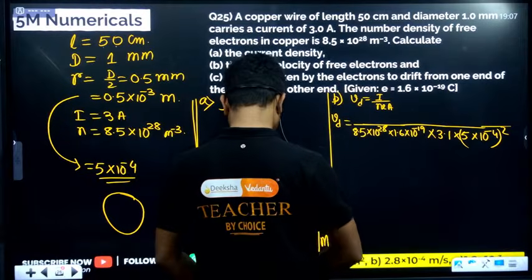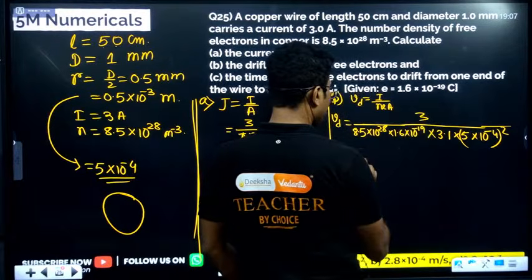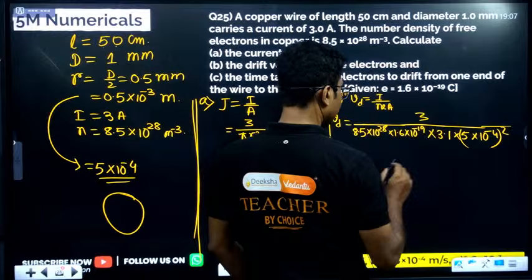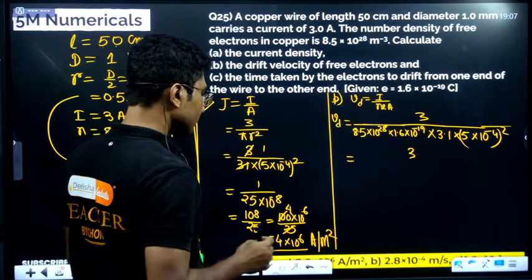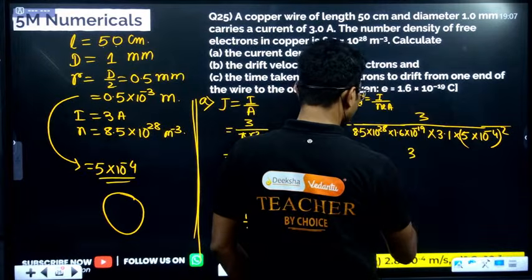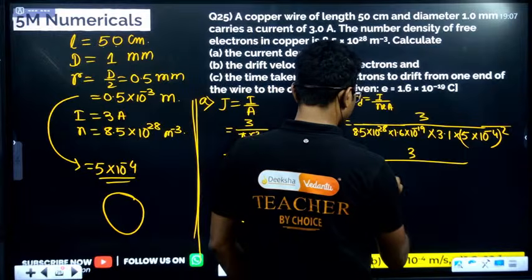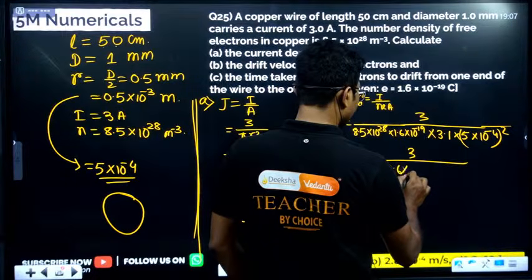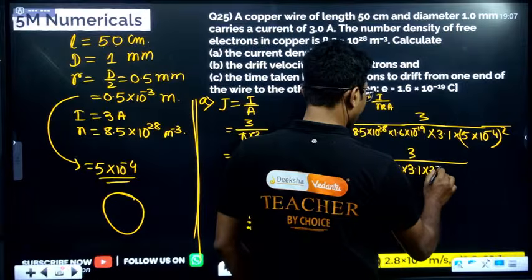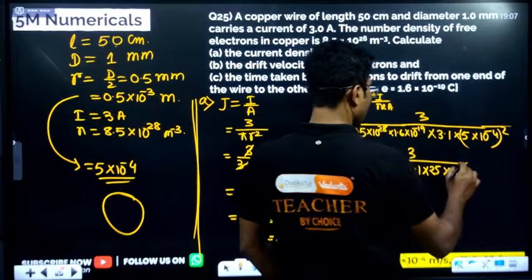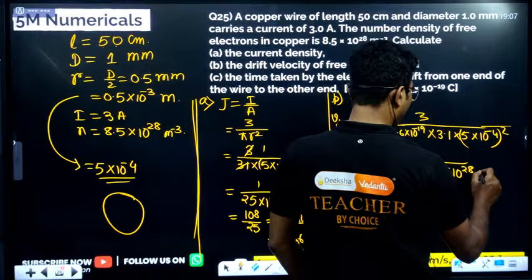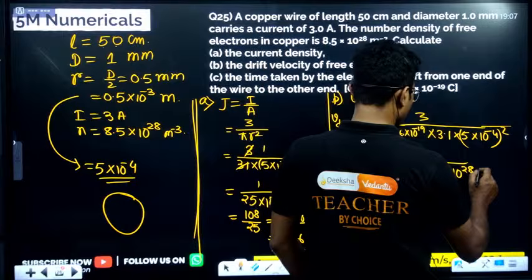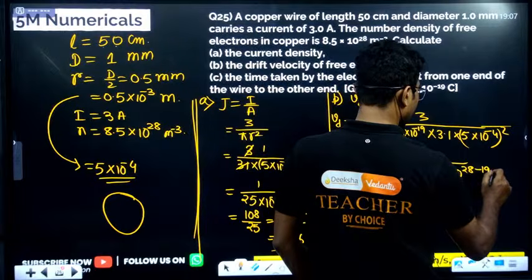Okay, now we have to simplify this. So this will be 3 divided by 8.5 into 1.6 into 3.1 into 25 into 10 to the power of 28 into 10 to the power of minus 19 minus 8.